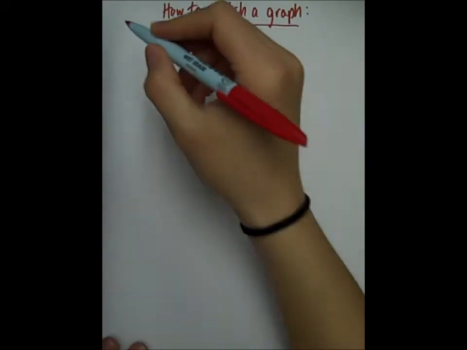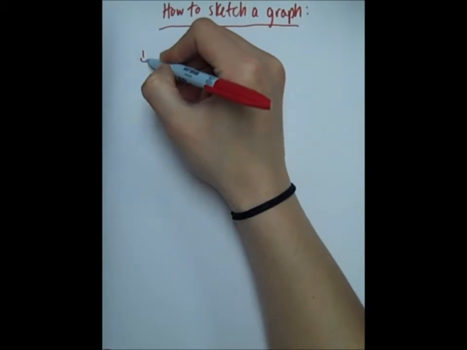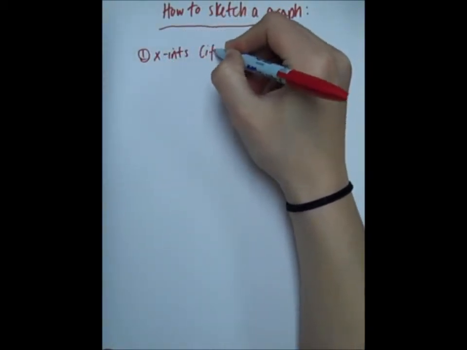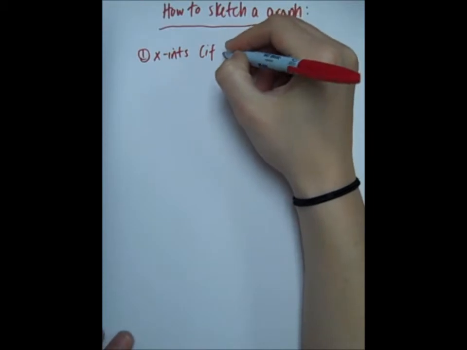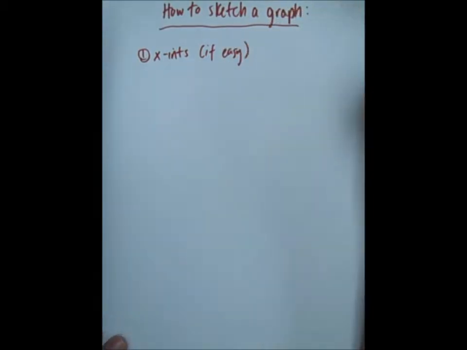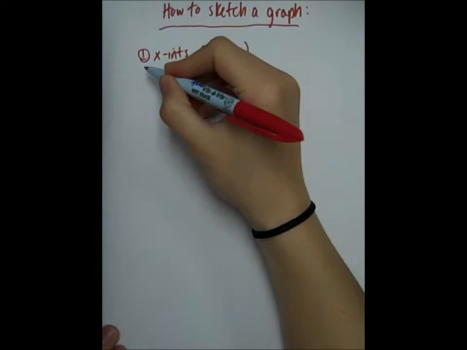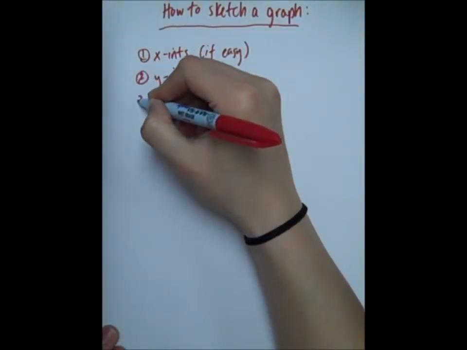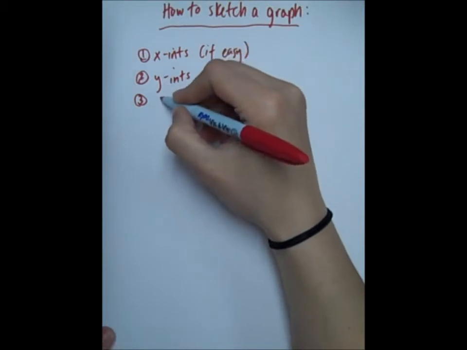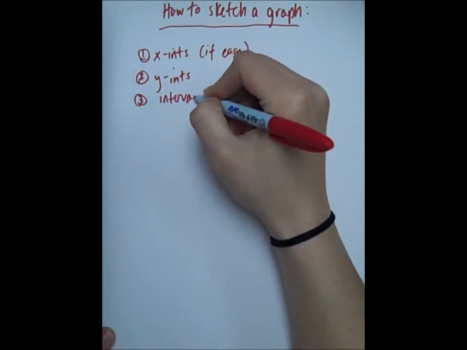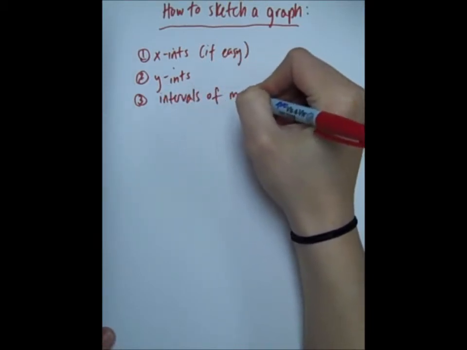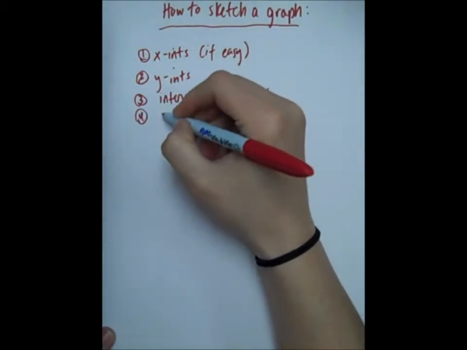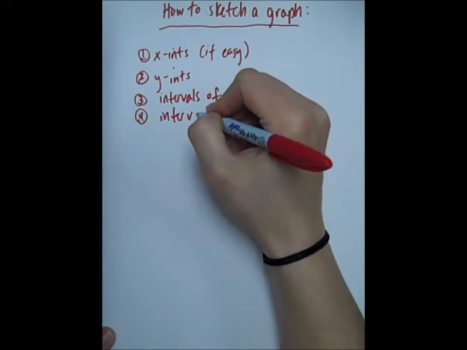So to sketch a curve, we're going to look at x-intercepts, if they're relatively easy to find. If they're easy, the question will always tell you if we should look at x-intercepts or not. We're going to find the y-intercepts. We're going to find intervals of increasing and decreasing. We're going to find intervals of concavity.